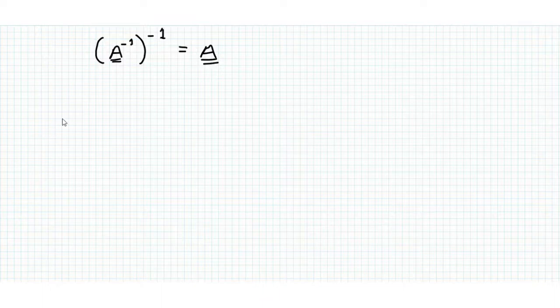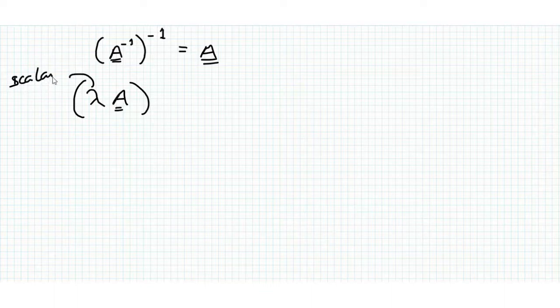Next up, if we have a matrix A but multiplied by some scalar, and the reason we know this is a scalar is because I haven't underlined it.